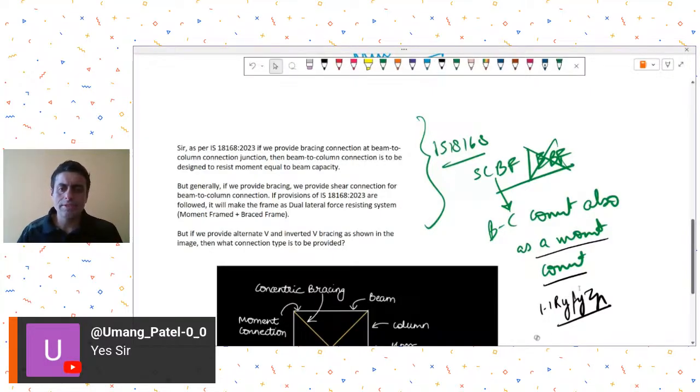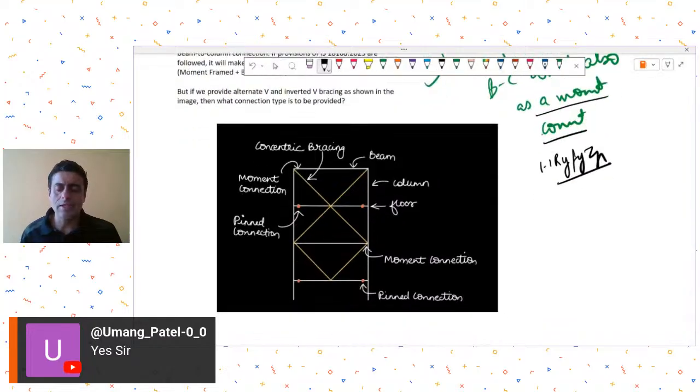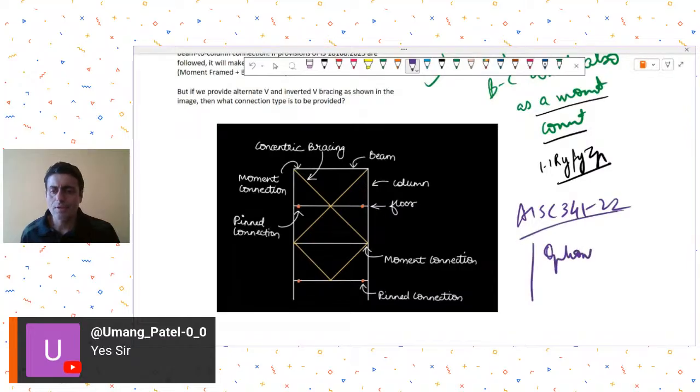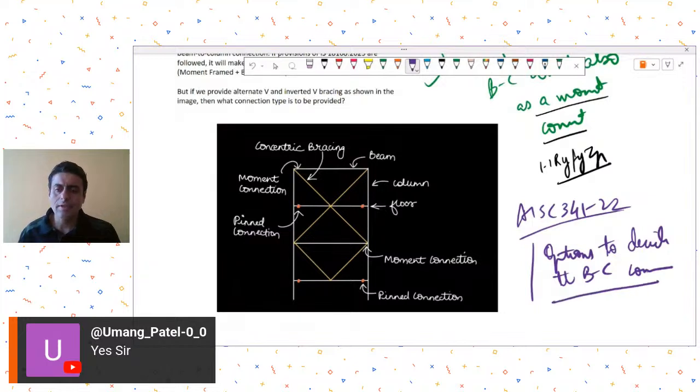If you compare the same thing in AISC 341, they give you options to decide the type of beam to column connection in SCBFs. There are three options given.